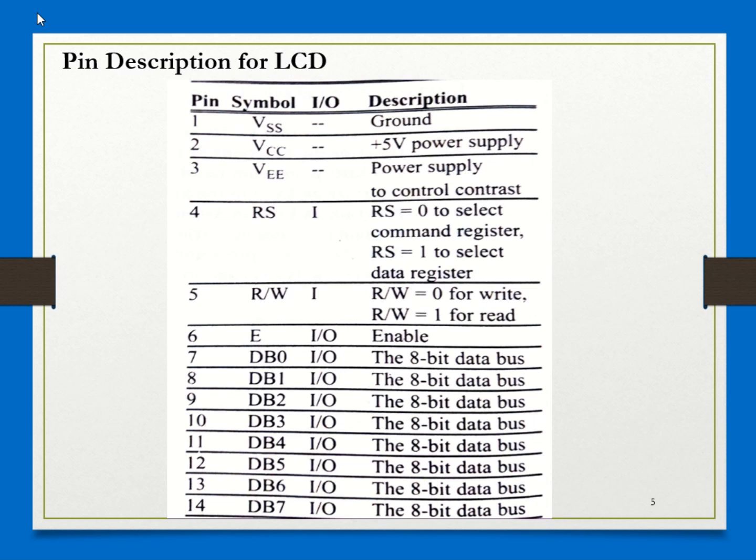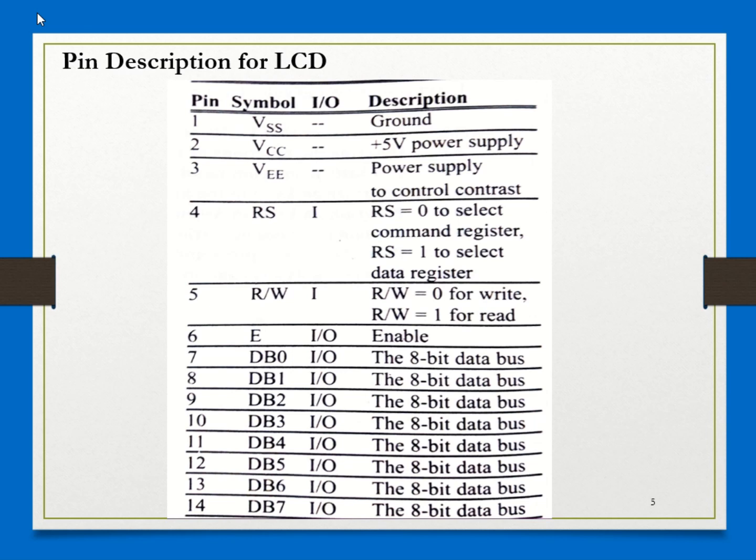As you can see in the pin description, it has a VCC, VEE, and ground line, where VCC and ground provide plus 5 volts and the ground respectively. VEE is the pin which is used for controlling LCD contrast. And there is the RS pin, which is called the register select pin.